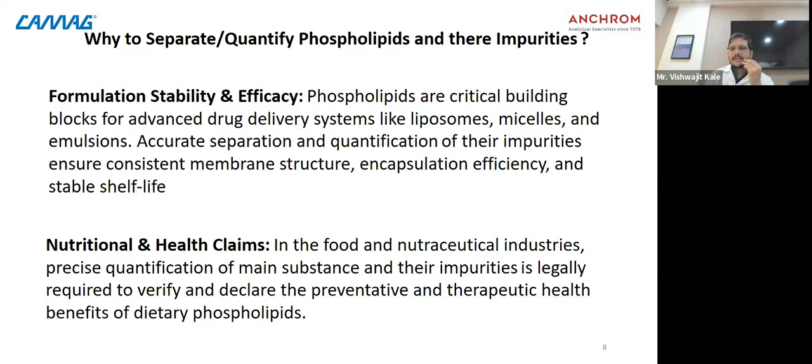And in the food, nutrition and health industry, food and nutraceutical manufacturers precisely quantify the main phospholipid along with its impurities, because legally it is very important. Legally it is required to verify and declare the detected impurities in the phospholipid used for product manufacturing.